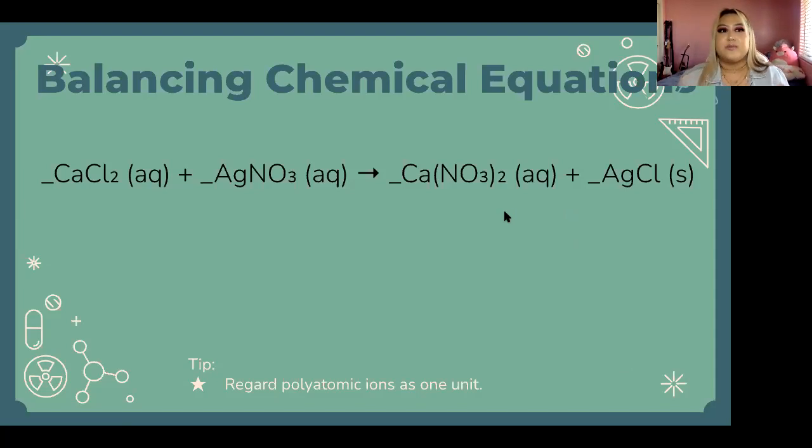But if it just comes with 2 elements, like a binary compound, she'll give you an electronegativity chart. You can see which one's more electronegative or not.